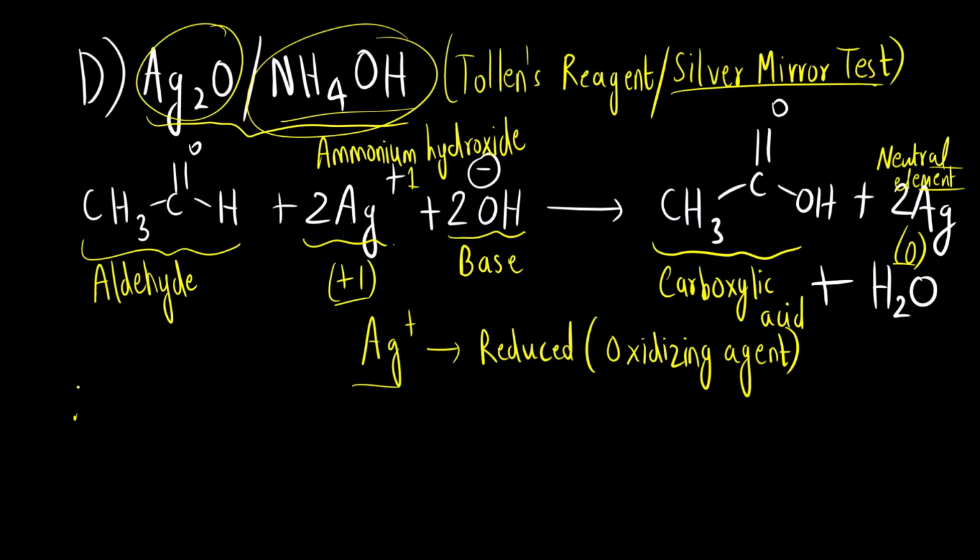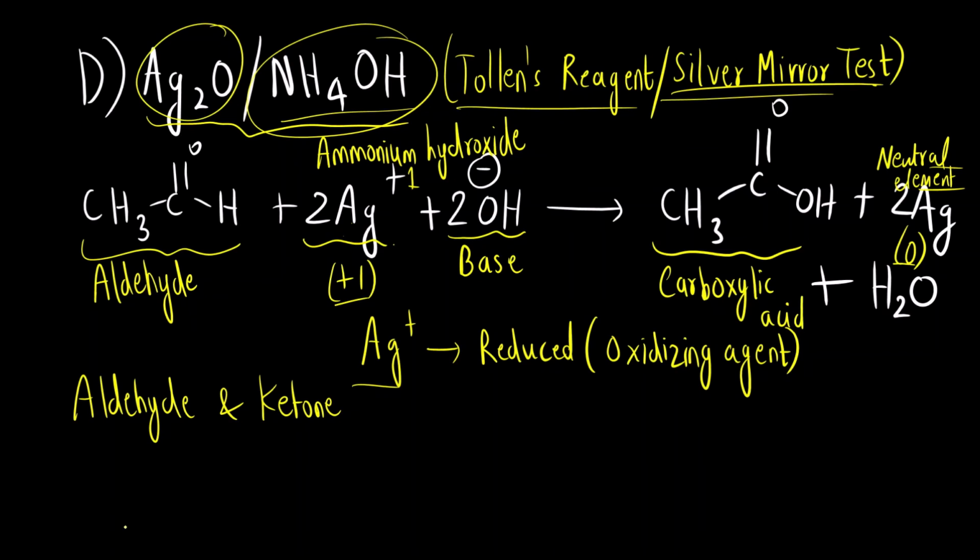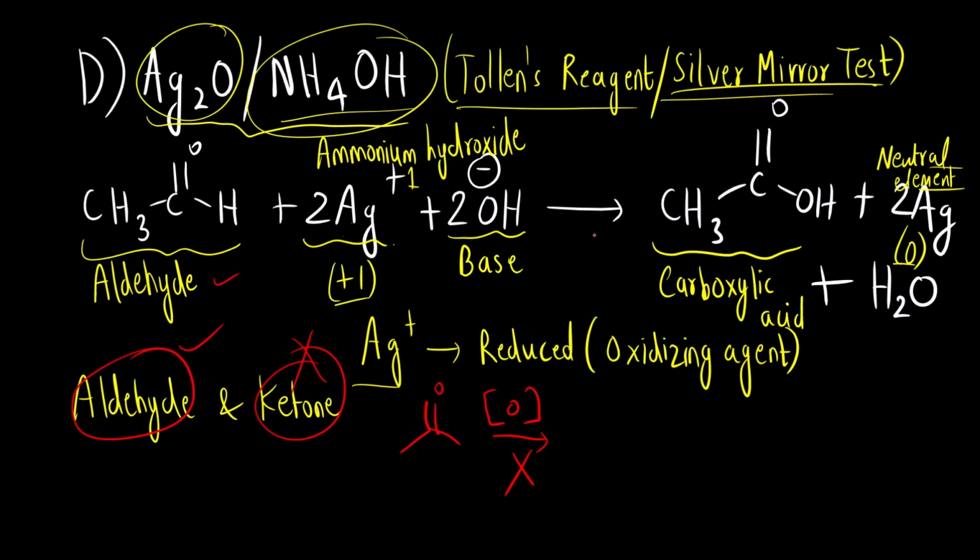That is why this is also a distinguishing test between aldehyde and ketone. Okay, we say that Tollen's reagent is a distinguishing test for aldehyde and ketone. How? Aldehyde will react, but ketone will not react because ketones cannot be easily oxidized. Okay, ketones will not be oxidized, but we can oxidize aldehyde to carboxylic acid.